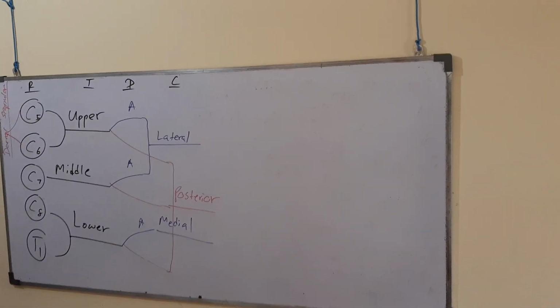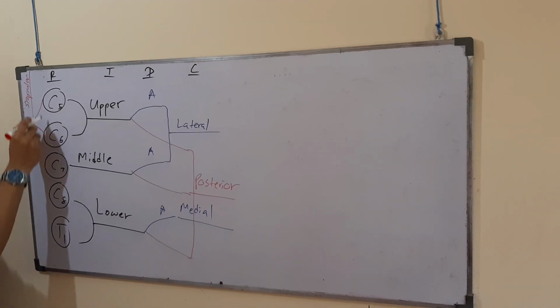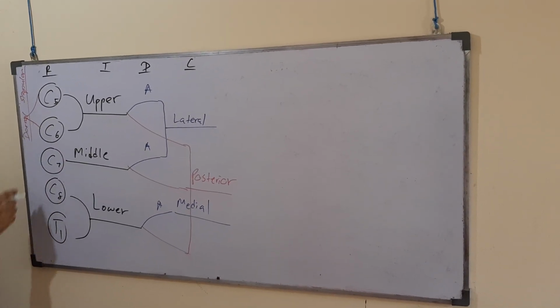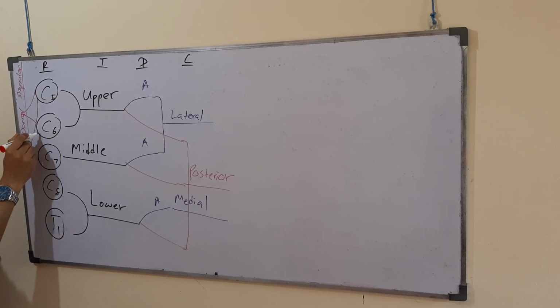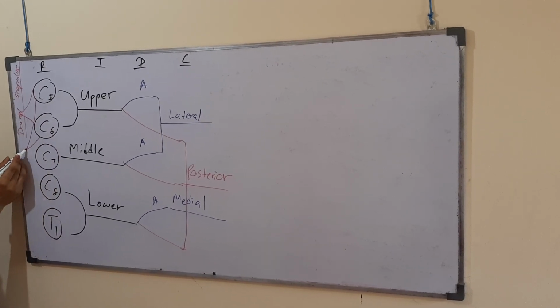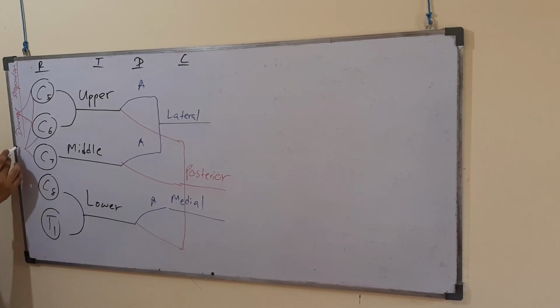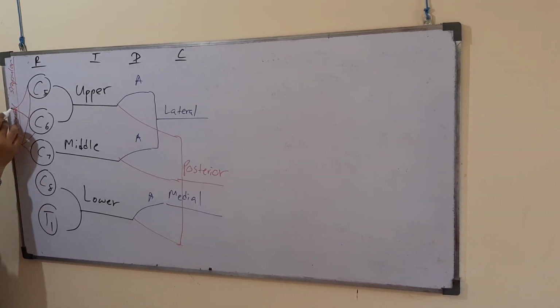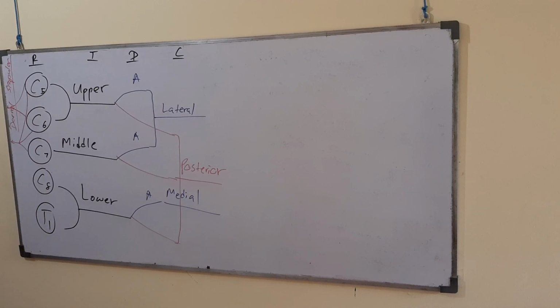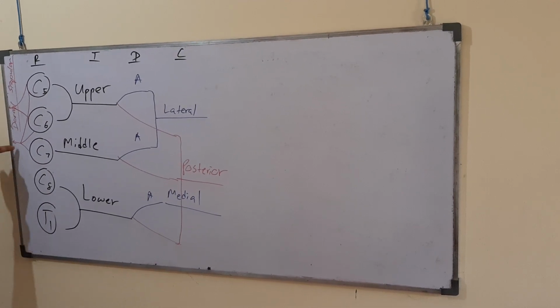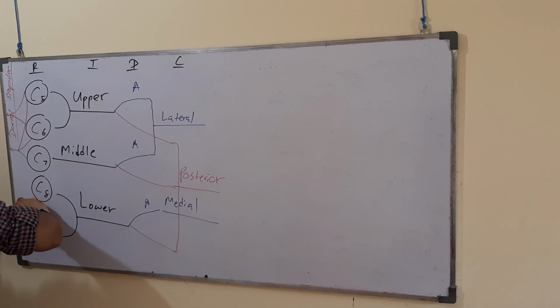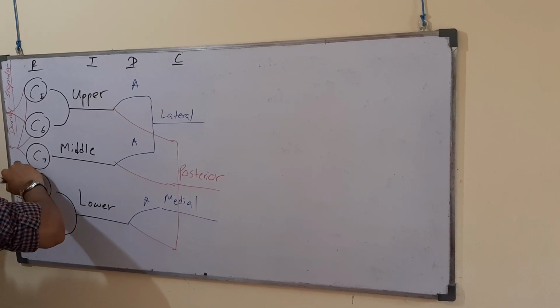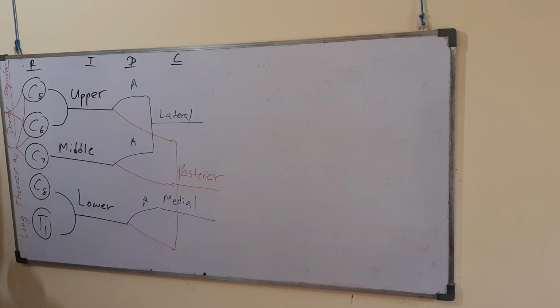And the second nerve as such, we have the long thoracic nerve. Now the long thoracic nerve usually starts from C5, C6 and also from C7, right? So this is the second nerve which arrives directly from the roots of the brachial plexus, and this nerve is known as the long thoracic nerve, right?